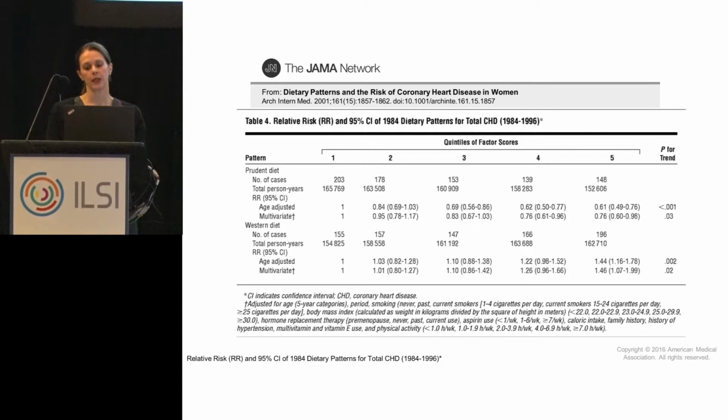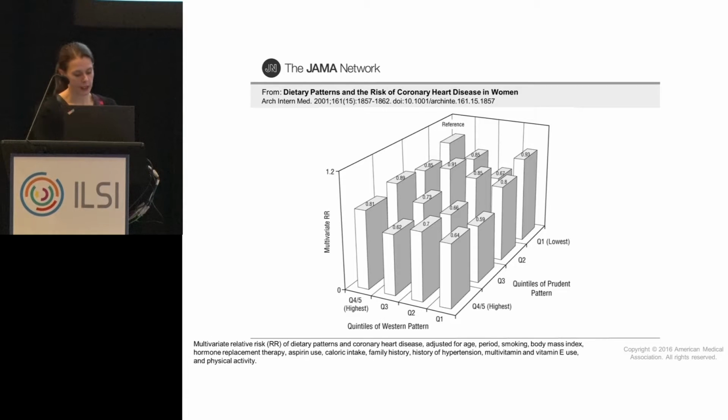This slide looks complicated, but I wanted to use it to make the point that people just don't eat one way or the other. You don't just eat a prudent pattern or a Western pattern, and that can change over time. So this is looking at quintiles of prudent versus Western patterns, so that you can see the combinations in this slide of those two and the degree of risk associated with those combinations.